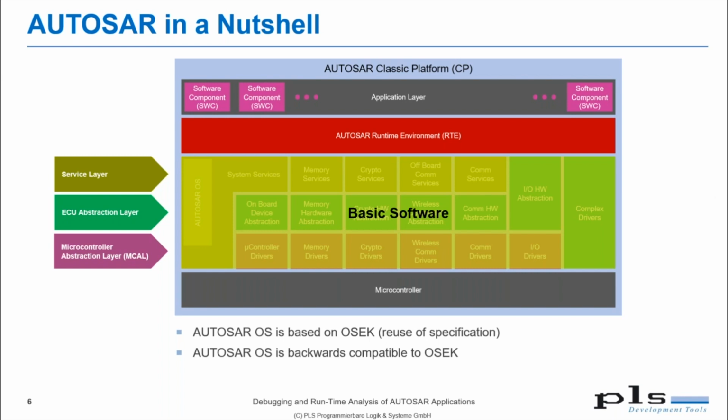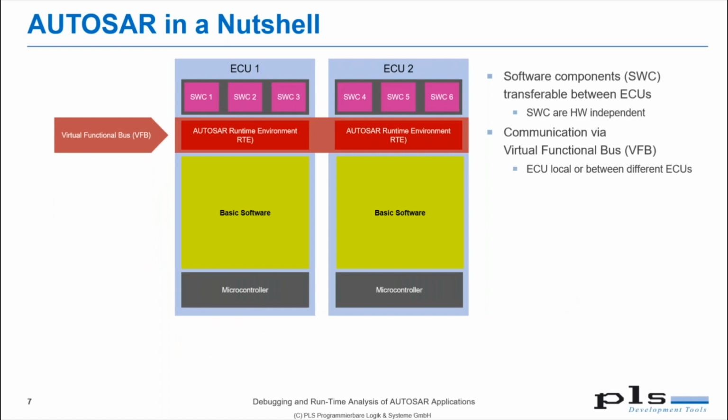And it also provides functions to provide communication between all the software components between each other. And this communication can either happen between the software components of the same ECU, but also across ECUs using, for example, communication services of the basic software that relies on physical communication channels like CAN, FlexRay, Ethernet, and so on.